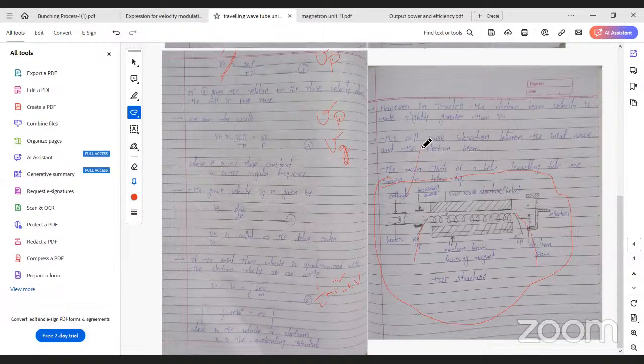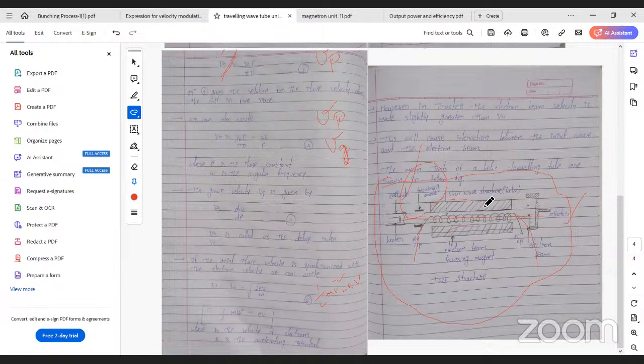On one side you have the cathode, on the other side the collector. To pass the electrons, we use a heater with focusing anodes, and through these anodes the electrons pass like this. Above the helix tube, along the electron beam, we have two magnets, one here and another here.